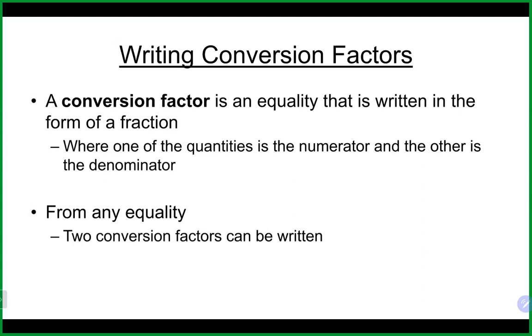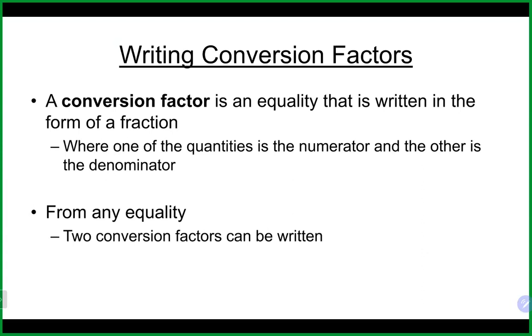And a conversion factor really is nothing more than a fraction. The reason that we use conversion factors in chemistry is the way that they want you to show calculations. As you go on to 1A and 1B, they want you to make sure that you show things the proper way. And the proper way that we do calculations in chemistry is through a process known as dimensional analysis.